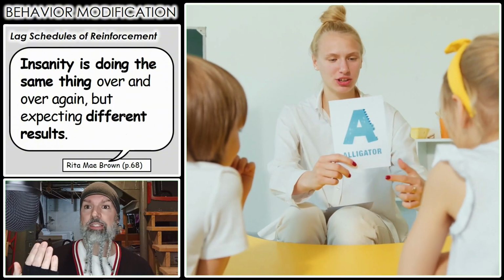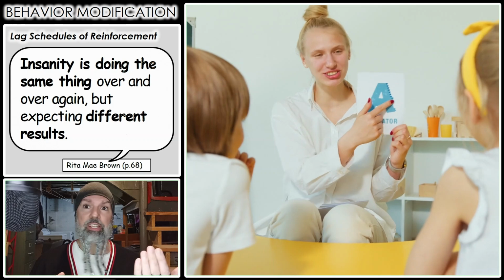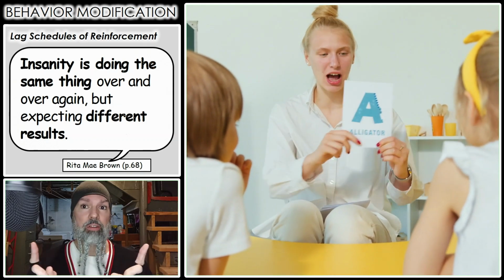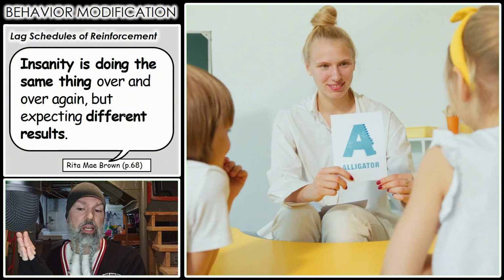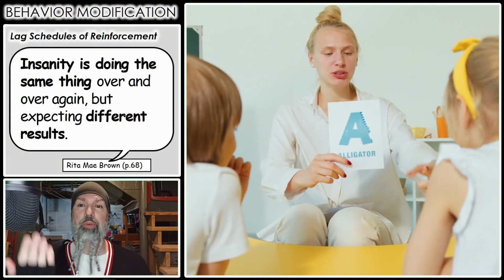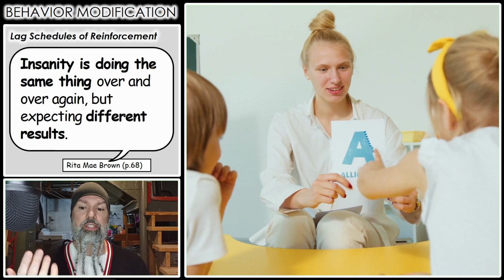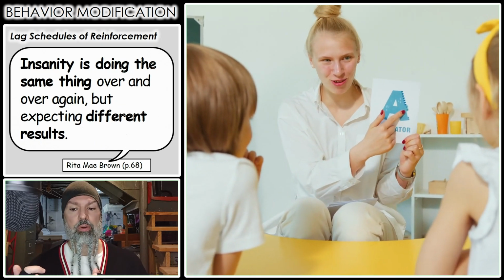Because if the first child says alligator, the next child says aardvark, the next child cannot say alligator or aardvark. They have to come up with a new animal, anaconda, for example. And then that has to keep going. None of these children can repeat responses that came previously because, again, this is a lag infinity schedule of reinforcement.